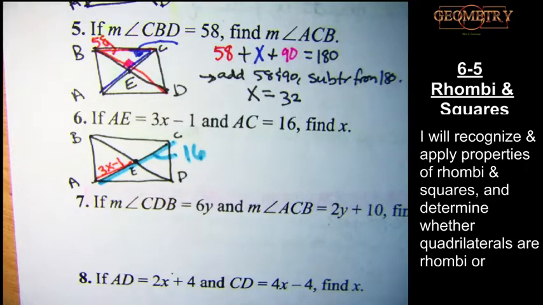What do I know about the diagonals in this figure? The angles in the center of the diagonals are going to hit 90. You're right. What do we know about the lengths, the measures of the diagonals? Is it supplementary?